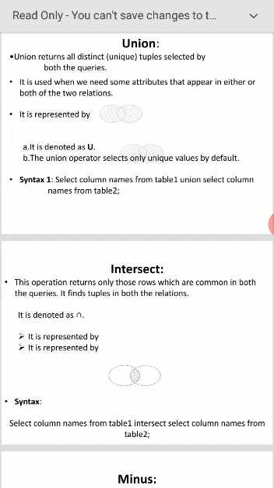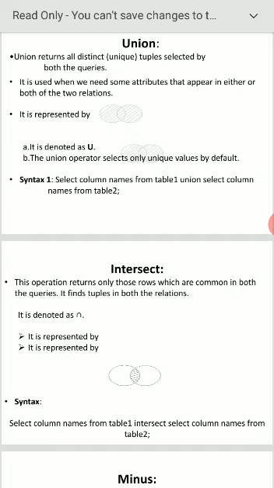In the case of union, it will extract the data that exists in both the tables here. In intersect, it will extract only the common data, common tuples, common domains and so on. You take one example here. R is equal to 1, 2, 3, 4, 5, 6, 5. S is equal to 1, 2, 3, 4, 5, 6.